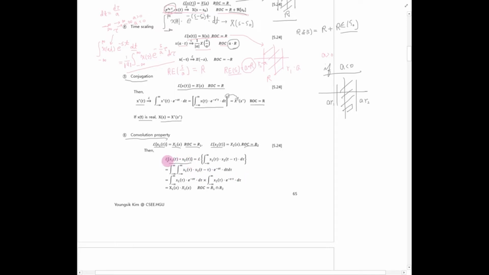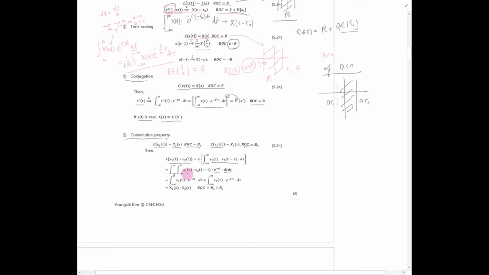We take the Laplace transform of x1 convolution x2. The convolution is defined in this way, and we take the Laplace transform of this one. We take the convolution over tau, and the Laplace transform is taken over t. Then we can integrate it this way.